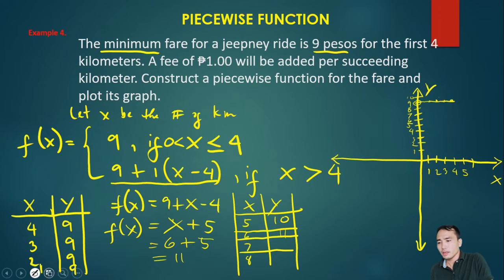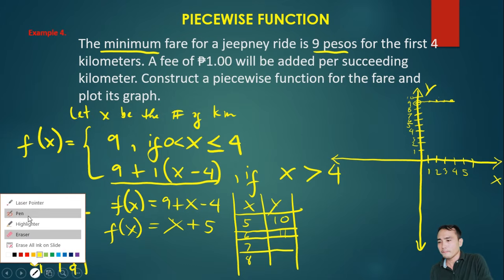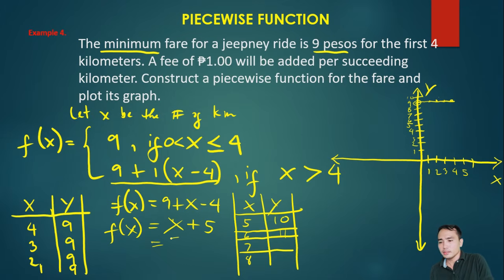Okay, and then kapag yung x natin is 7, if x is 7, then the value is equal to 12. Okay? So, meron tayong pattern 10, 11, 12. Ibig sabihin, ito is 13. Okay? I-plot natin. 5, 10.